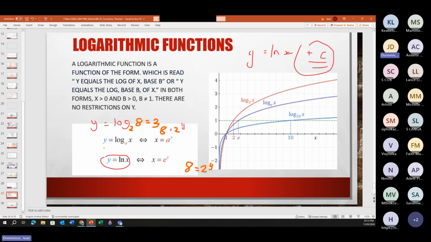Another thing is if I just show you log of x, that then actually means log 10 of x. So on your calculators as well, if you get log of x, that is actually log 10 of x.